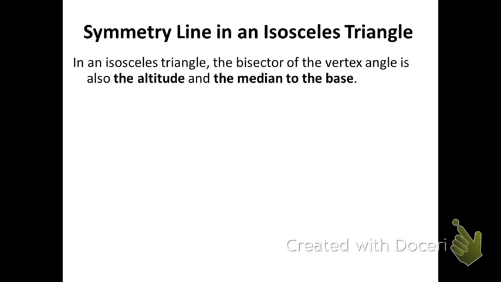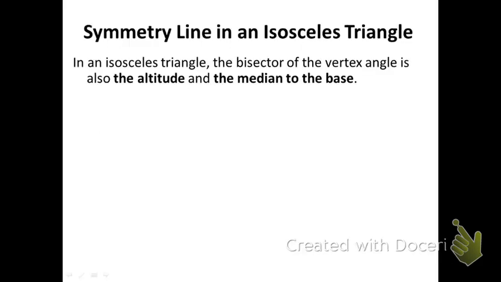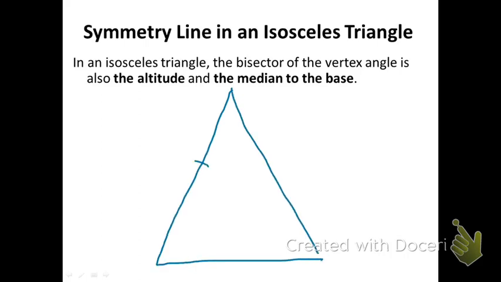So again, if I were to have a triangle that was isosceles, so I'll draw it as best as I can right here. Both these sides are equal. And if I drew the angle bisector, it would cut right down the middle of this triangle because these two angles that I'm marking off are equal.